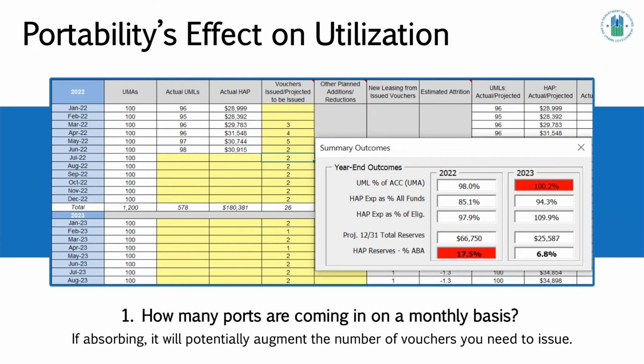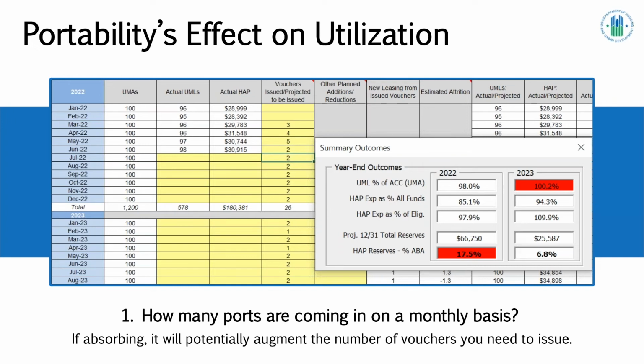And if you don't know that, as you improve your utilization over a period of time, you can find yourself in a situation where you're overleased. So it's important to have a good understanding of how many ports are coming in and how many are leasing up, because it's not necessarily tracked in the 2-year tool as it relates to utilization.